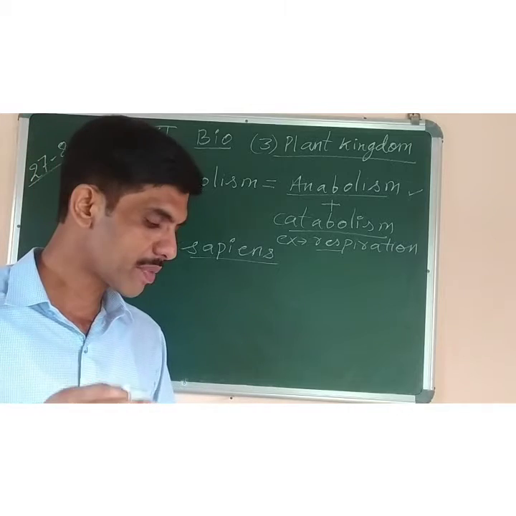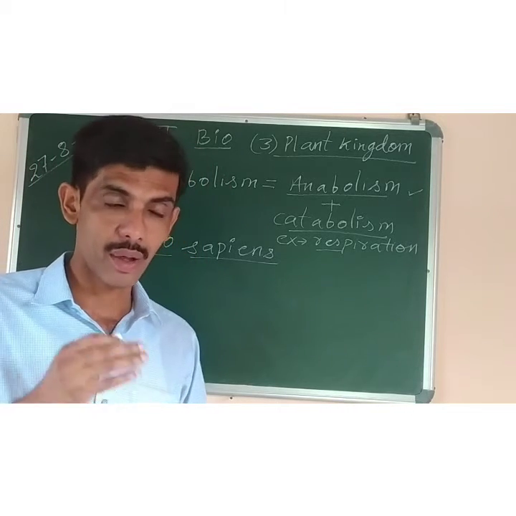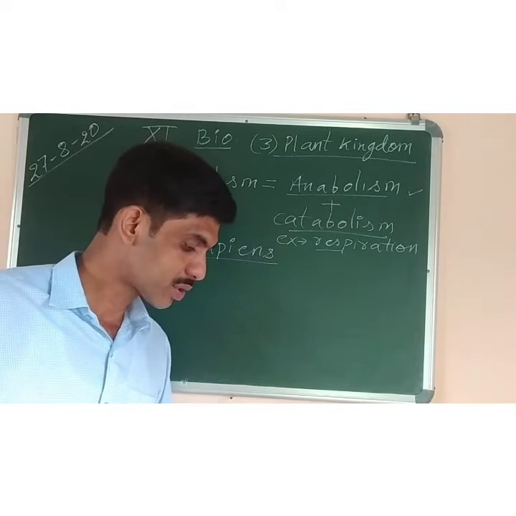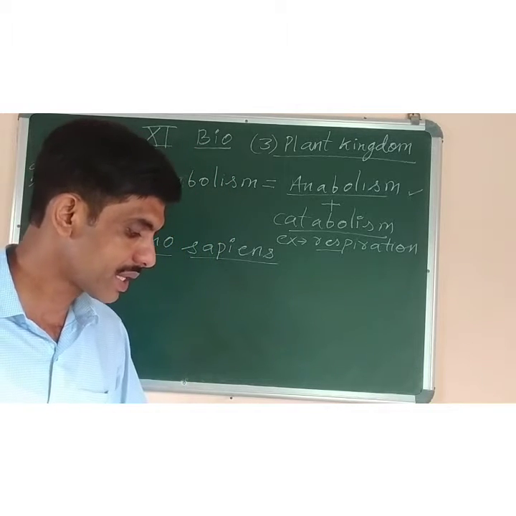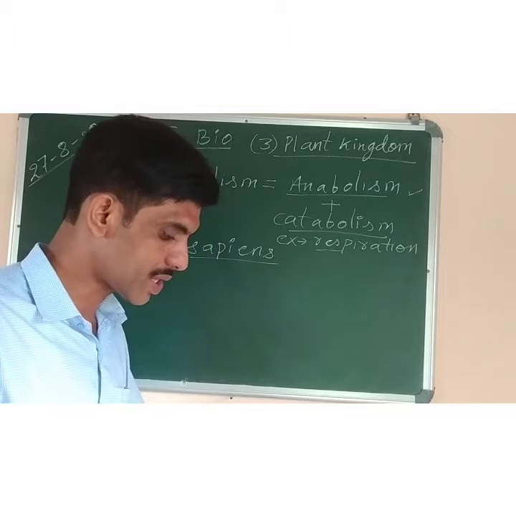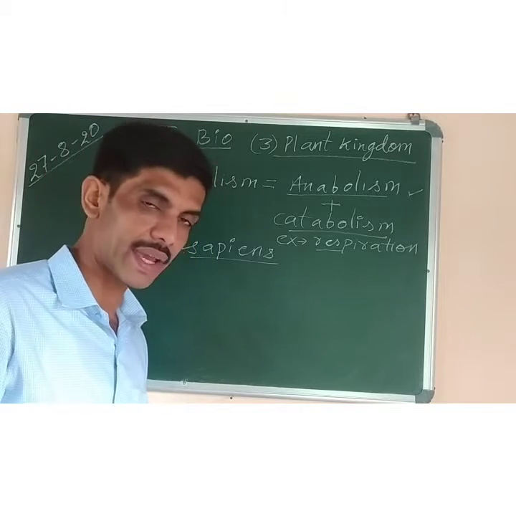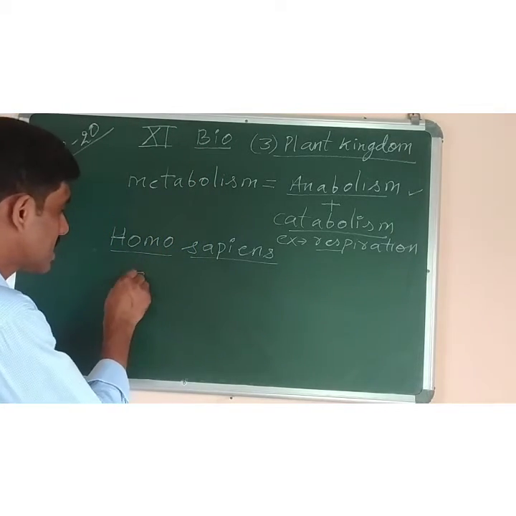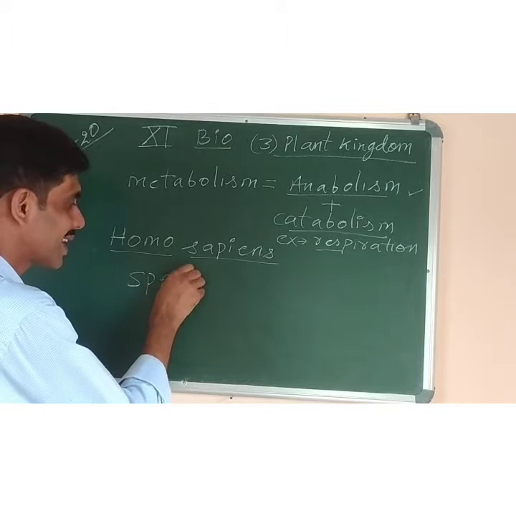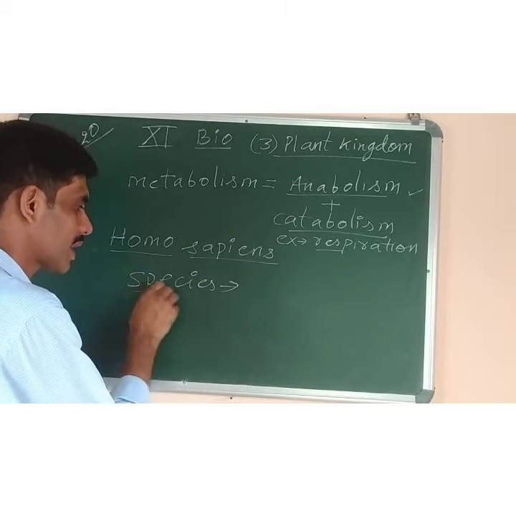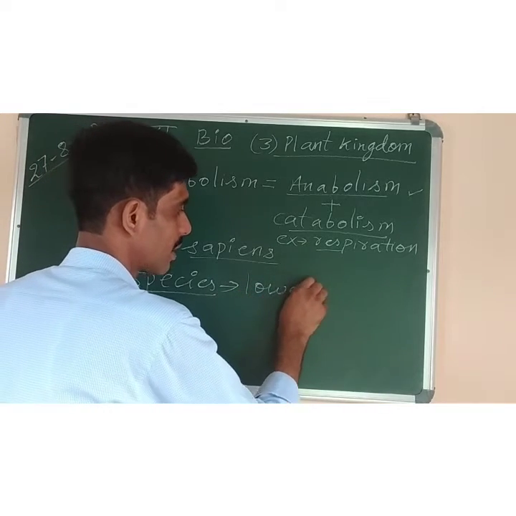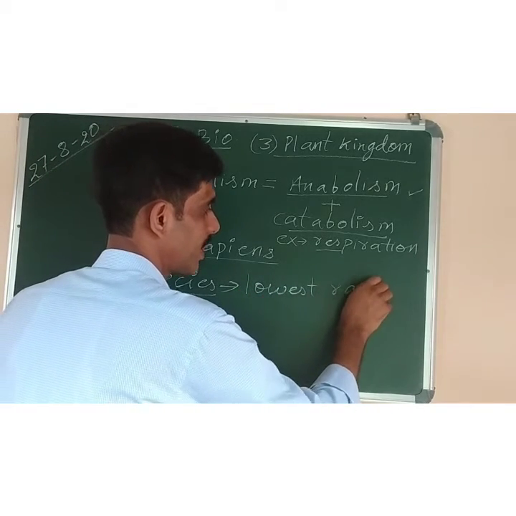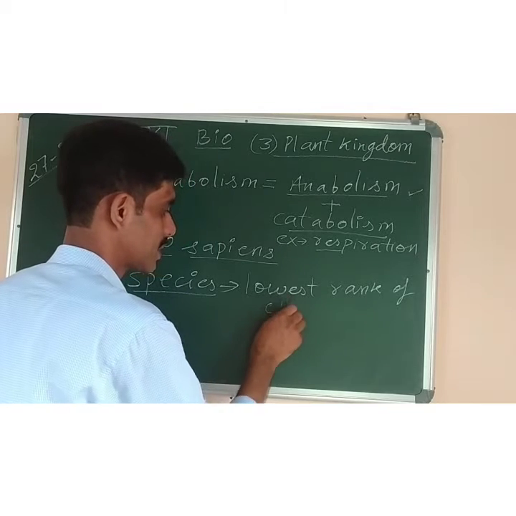Each of them represents a particular rank in taxonomic categories. So what is taxon? Taxon is a unit of classification which represents a rank. Like species is a particular rank, the lowest rank of classification.